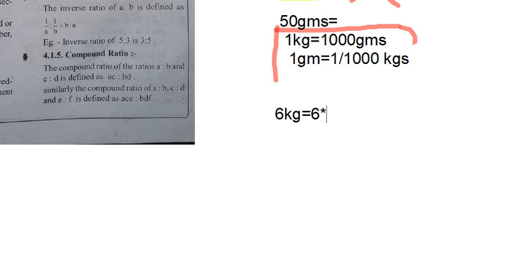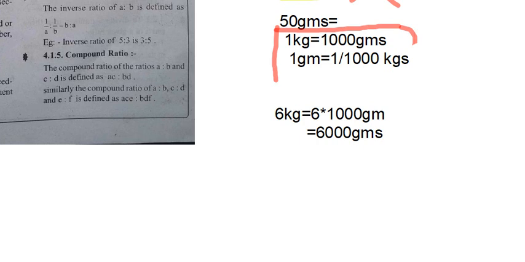Just remember, when you are converting a large quantity, kgs, into grams, the answer will be in grams. So 6 into 1000 is 6000. Either kgs or grams? Grams only. Instead of 6 kg, can I write 6000 grams? Yes. And the 50 grams is 50 grams only.